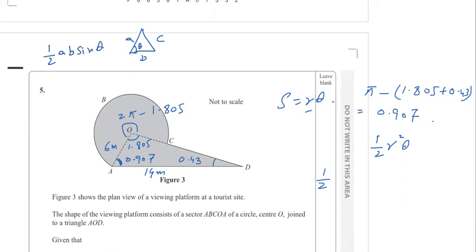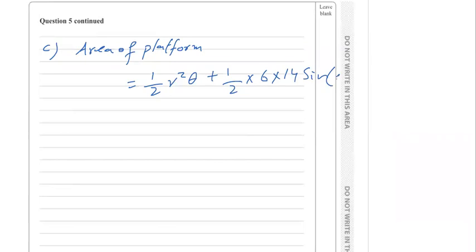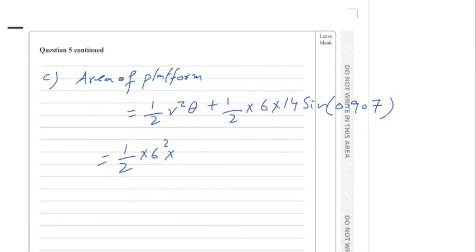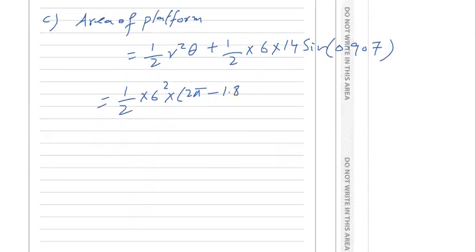So it will be 1 over 2 times 6 squared times theta, where the central angle for this sector is 2 pi minus 1.805, plus 1 over 2 times 6 times 14 times sine of 0.907.